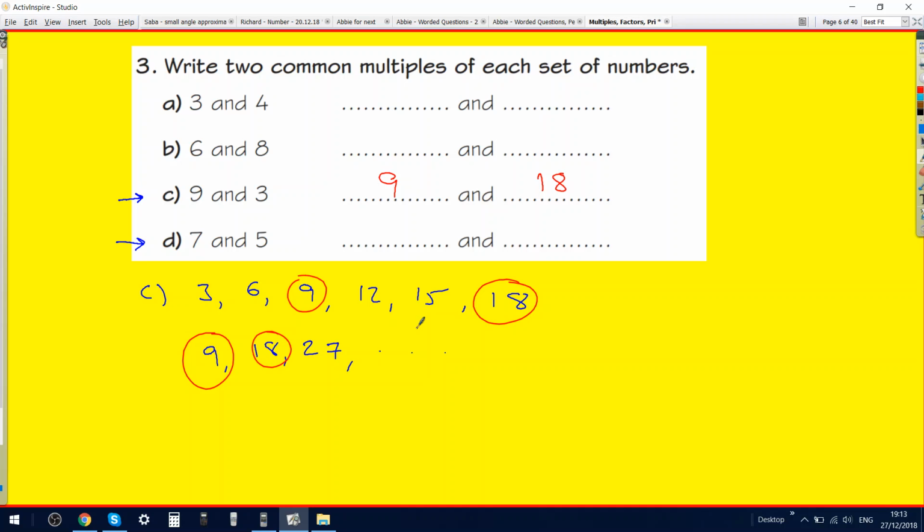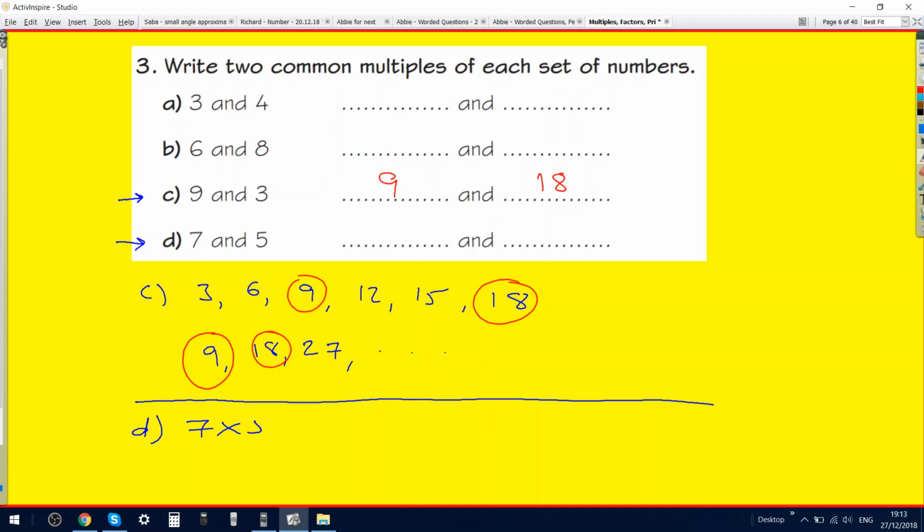So what would be a common multiple for 7 and 5? Well, we can do what we did just now with the two numbers. Find if there are any common multiples. Or what you can do is just multiply them together.